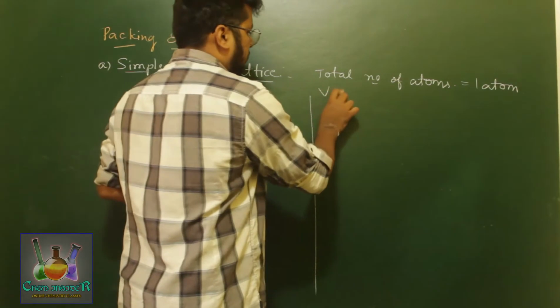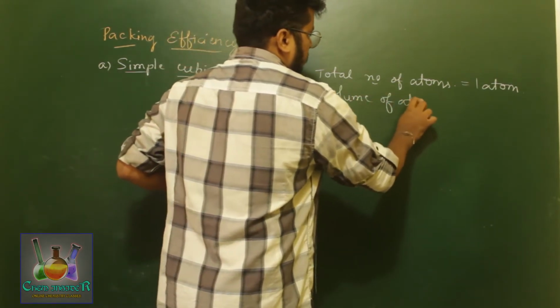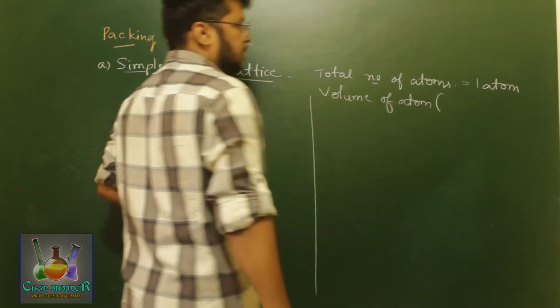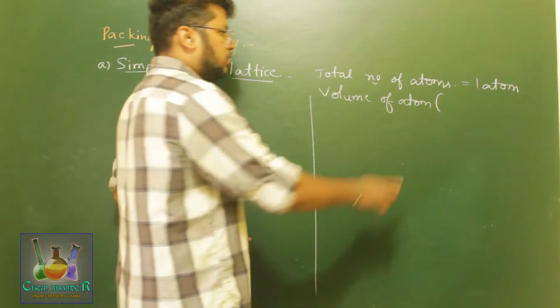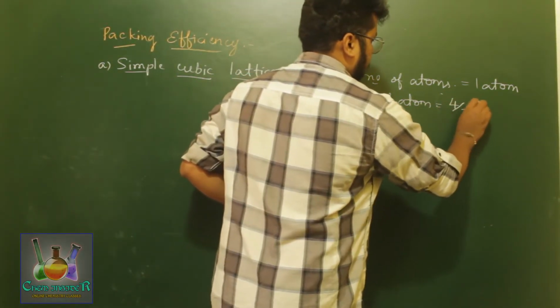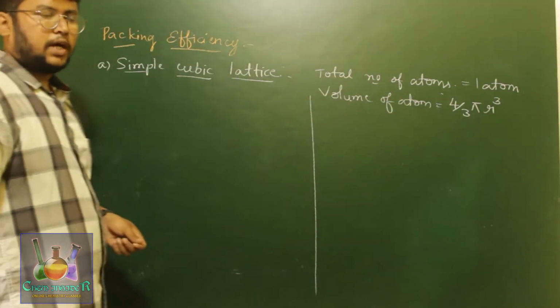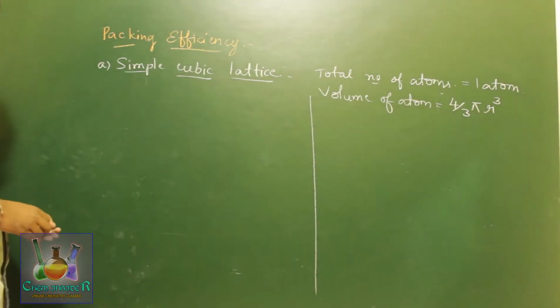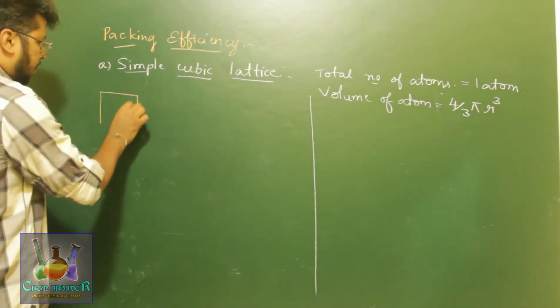And the volume of an atom. So how do we calculate the volume of an atom? Atoms are present in the form of spheres, right? So the formula for the volume of an atom is 4/3 pi r cube, where r is the radius of the atom. Now let us consider a unit cell which has 8 atoms at its 8 corners.